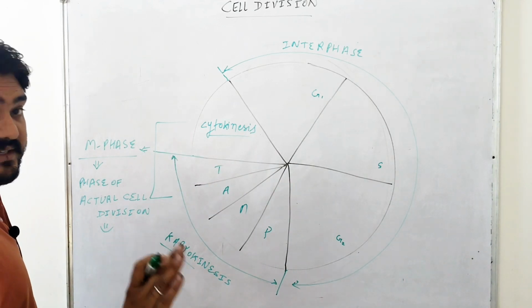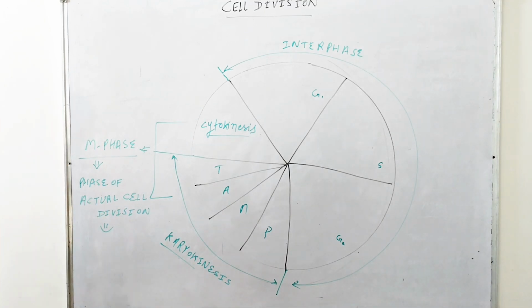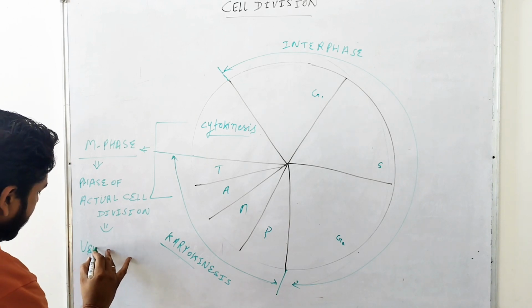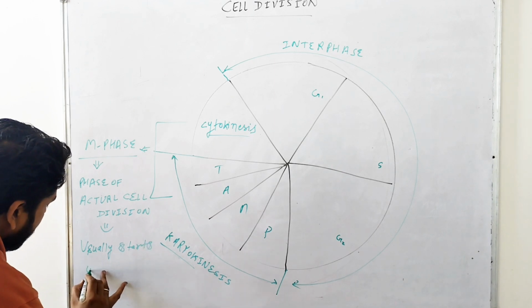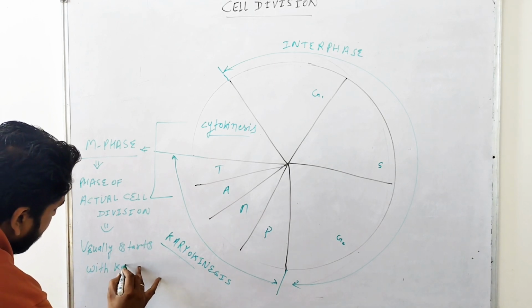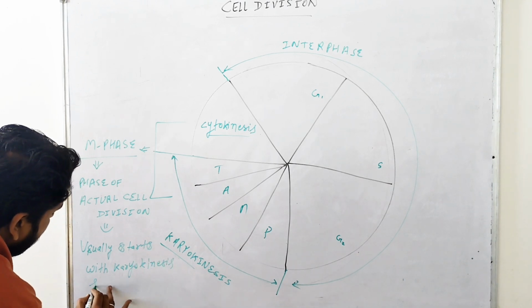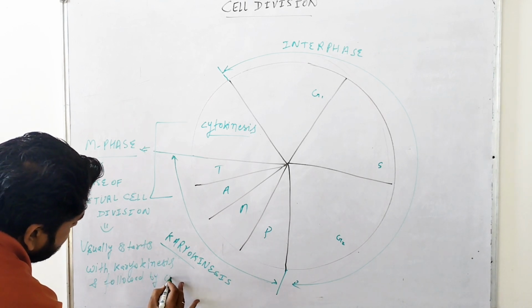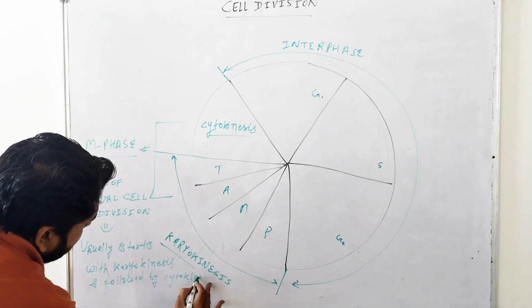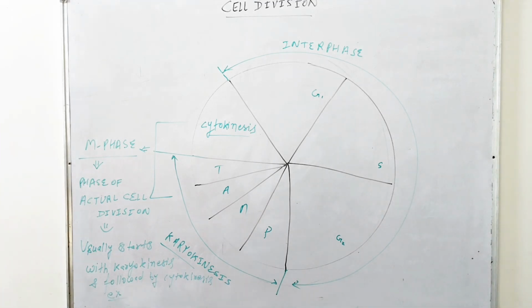So the M phase, the phase of actual cell division, usually starts with karyokinesis and is followed by cytokinesis. But there is one exception over here: every time the cytokinesis will not happen after karyokinesis.